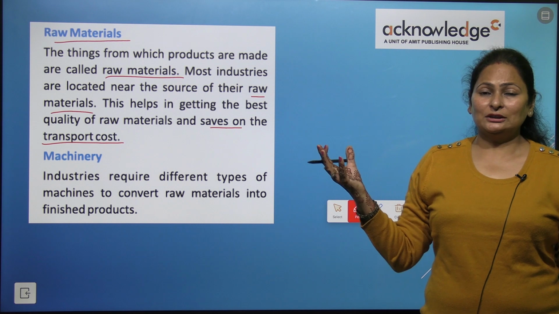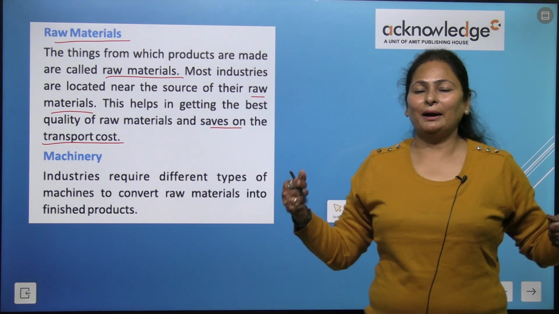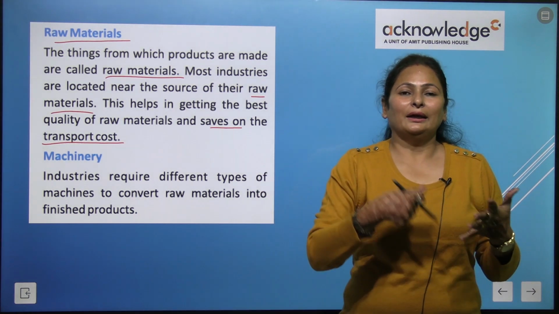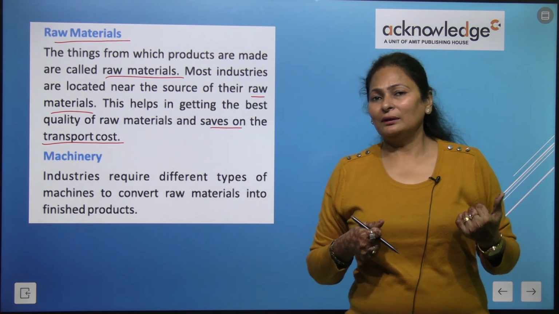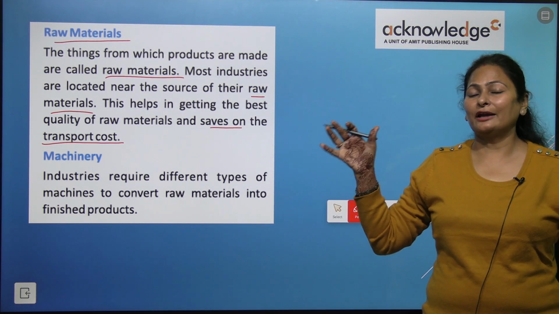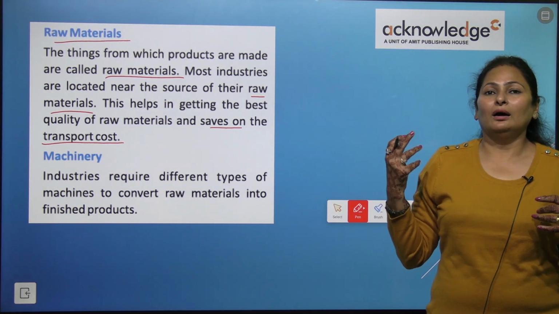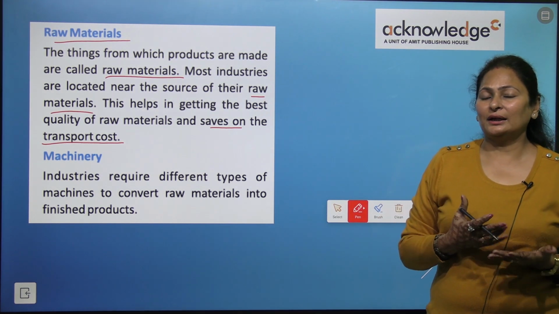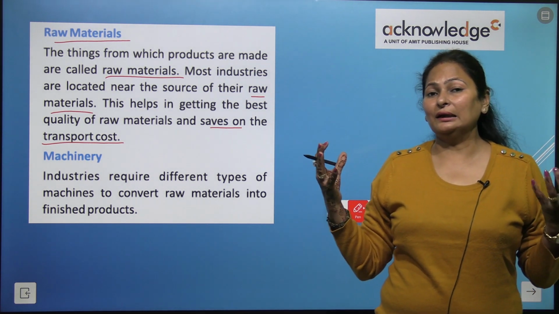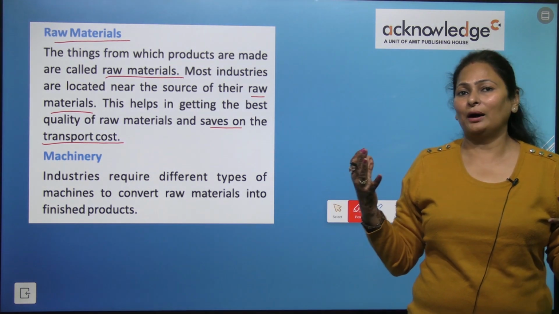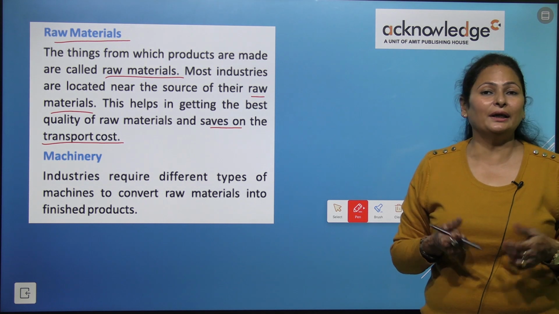It is not like you hold the thing in a bag and give it to the industry people. It comes in huge quantity, because so many machines are working in the industry. So raw material is needed in good quantity.